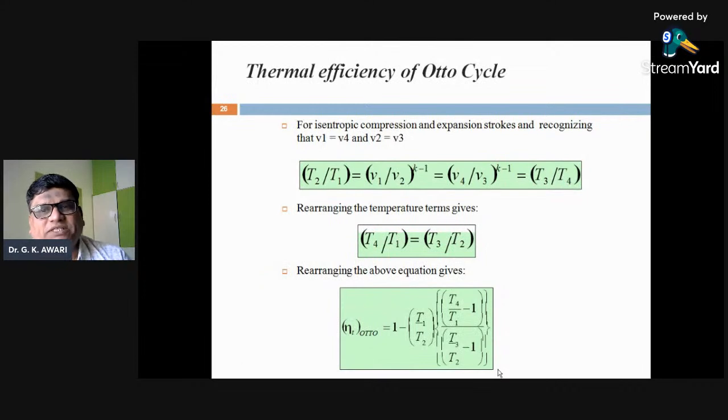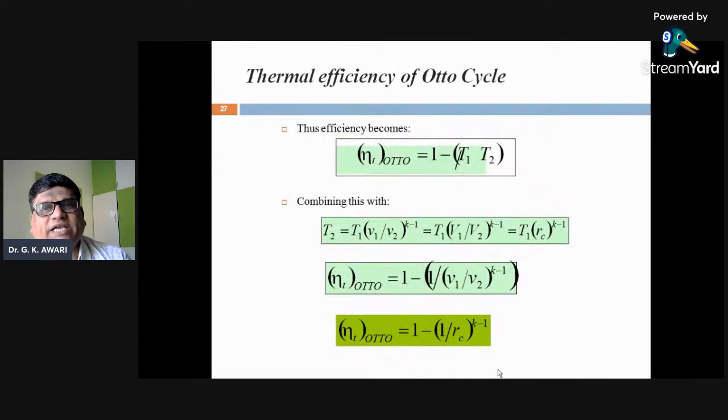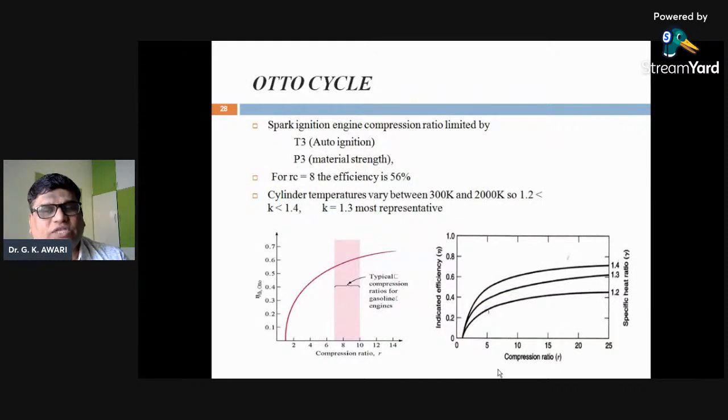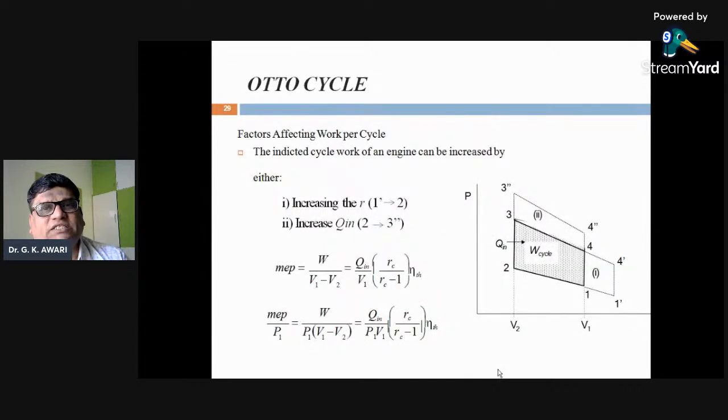The final equation is that the efficiency of the Otto cycle equals 1 minus 1 by rc to the power of gamma minus 1, or k minus 1, where rc is the compression ratio. We also covered the characteristics of the Otto cycle, the spark ignition engine, and the factors affecting the Otto cycle.